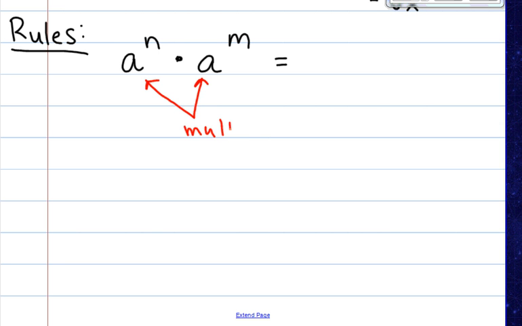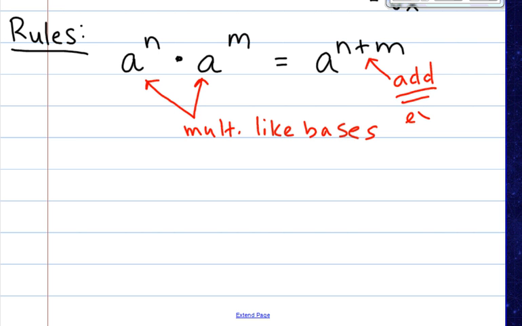So if you are multiplying like bases together, again, they have to be alike, they cannot be different, then what you do is add their exponents. So here our first exponent is n, the second exponent is m, so we add them together, n plus m. All right, so multiply like bases, what we do is add their exponents.